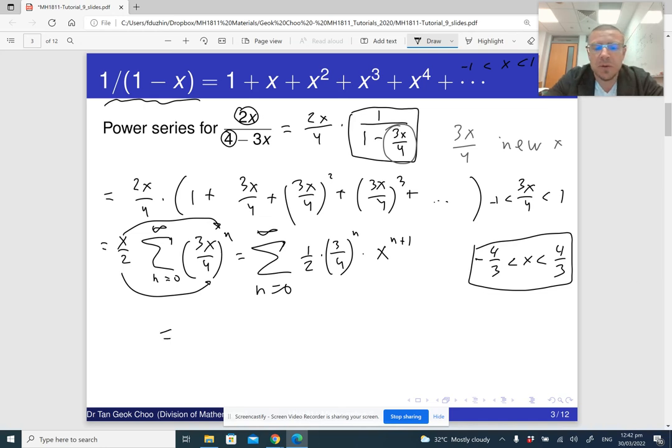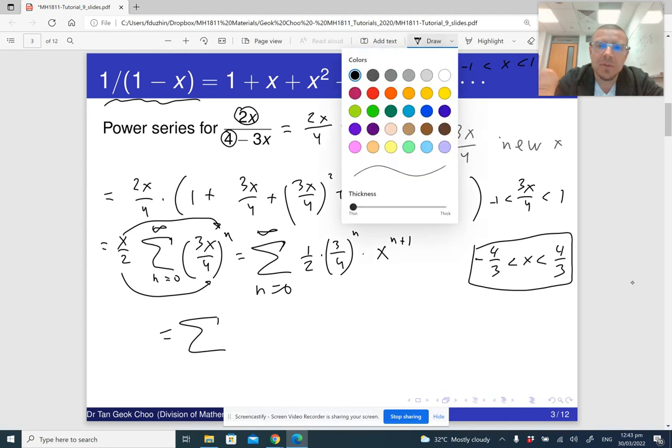And then if you prefer a series with powers of n rather than n plus 1, technically speaking, this is still a power series, but if you want, you can do something like this.